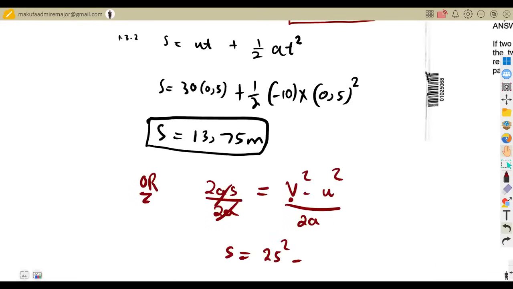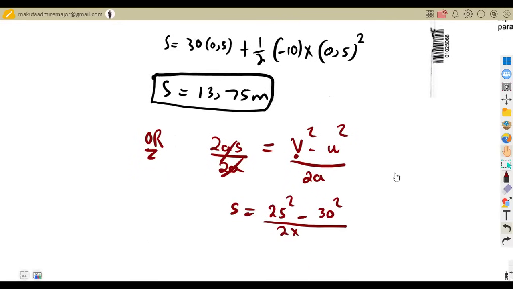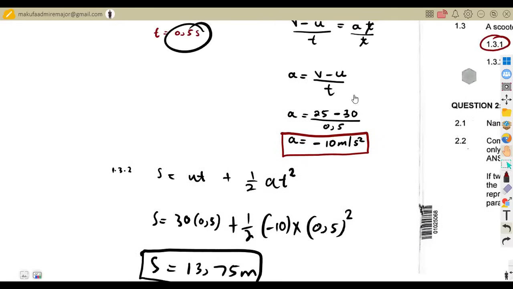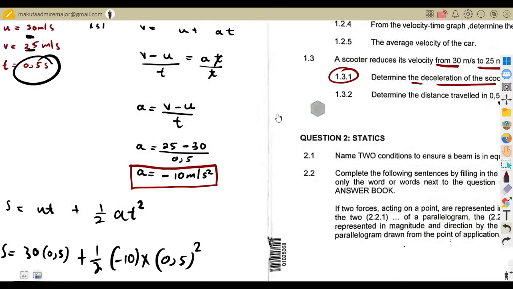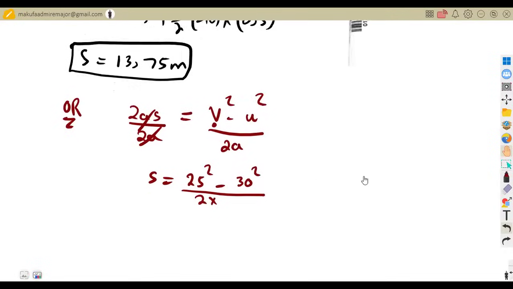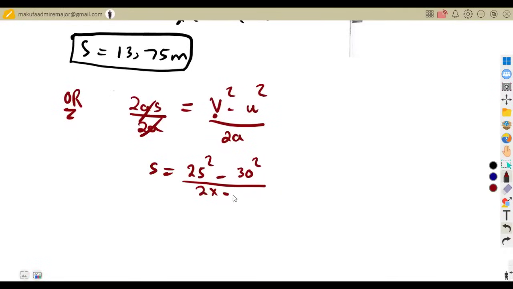So that is 30 squared. Everything over 2 times the acceleration, the same acceleration that we got within the time frame of 0.5 seconds. Remember, here our time was 0.5. So this acceleration corresponds to when the time was 0.5. So we are still at the same value of acceleration of -10. So that is going to give us the displacement.